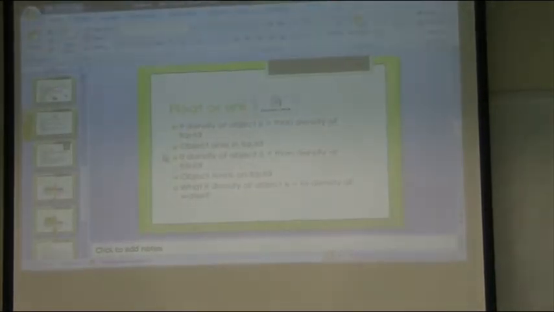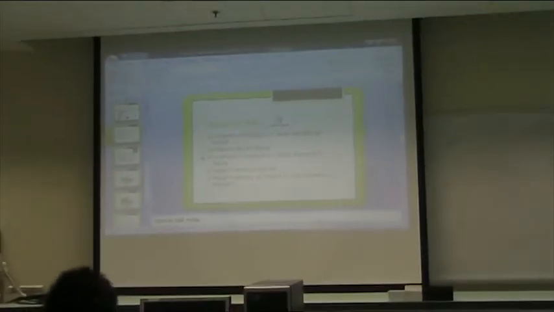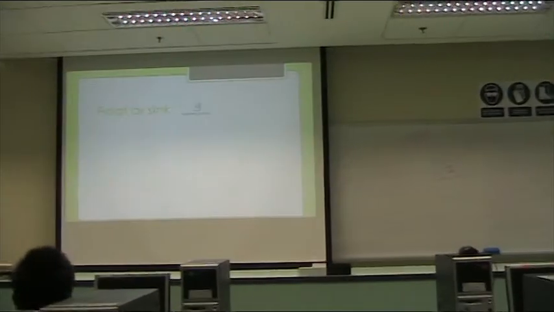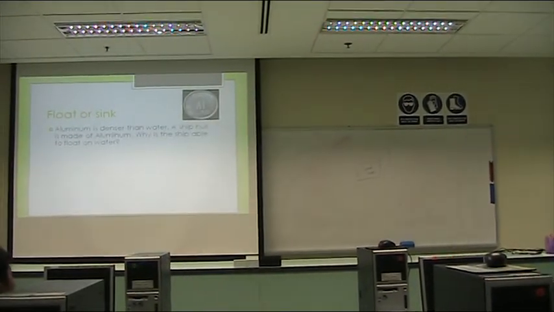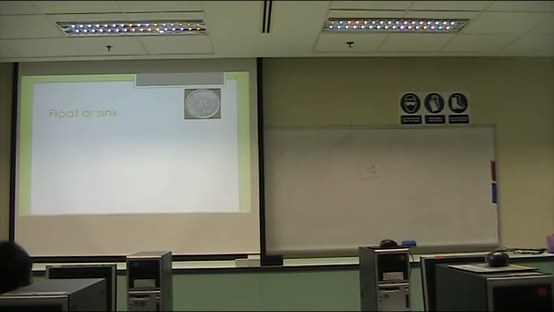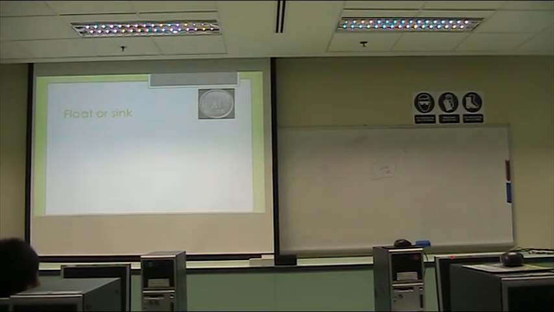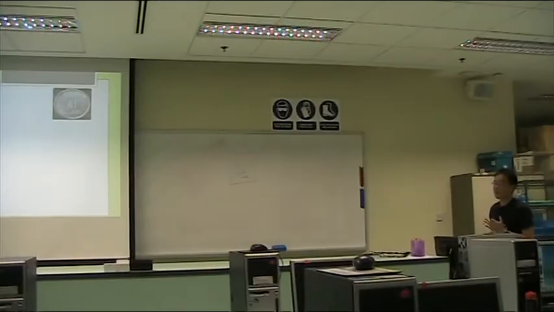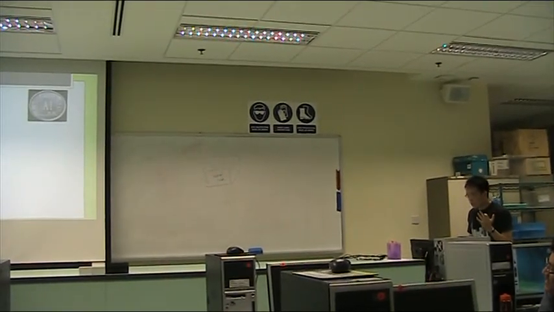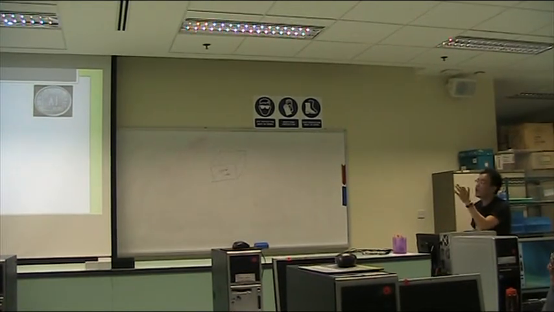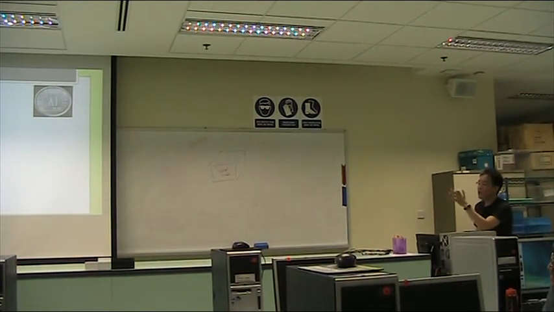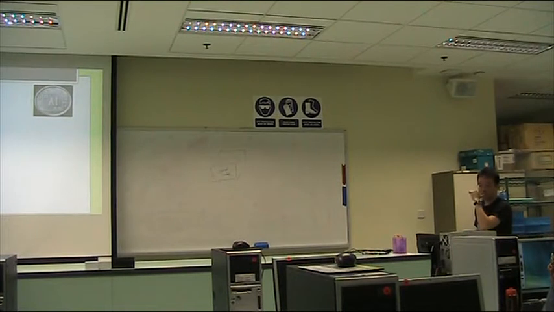So back to the floating or sinking. Now, other than the density of an object that determines the floating or sinking of the object, how do you explain this phenomenon? Aluminium has a density higher than water.